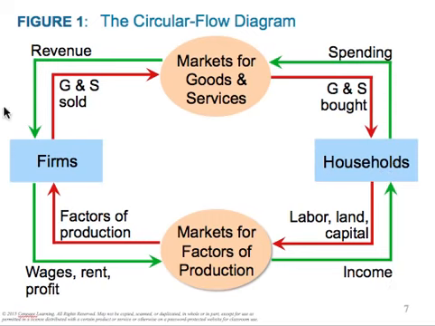So around and around we go. Again, the households provide the labor for the firms, the firms provide the goods and services, the households buy the goods and services, they spend those, and they provide revenue for the firms, and in turn, income for the households. So a little convoluted graph, when you take it piece by piece, becomes pretty simple.